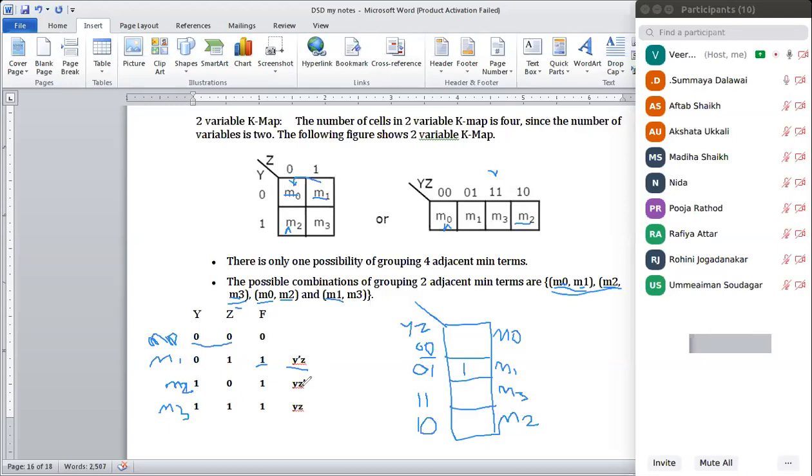Y Z bar, output 1. So here I have to write 1. And then what is M3? It is also 1 here. What about M0? 0. I will write 0 here.